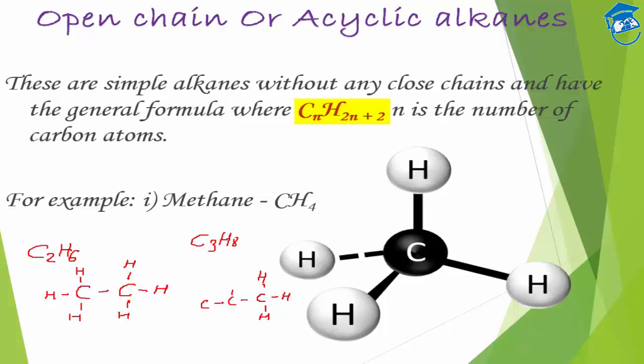Here 3, and for the middle carbon, 2 valencies are already satisfied, so only 2 hydrogens are required. Again here you need 3 hydrogen atoms. So the total is 8. Similarly, you can do it for any number of carbon atoms.